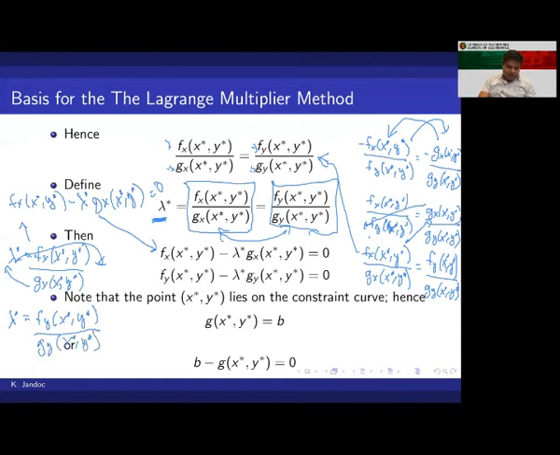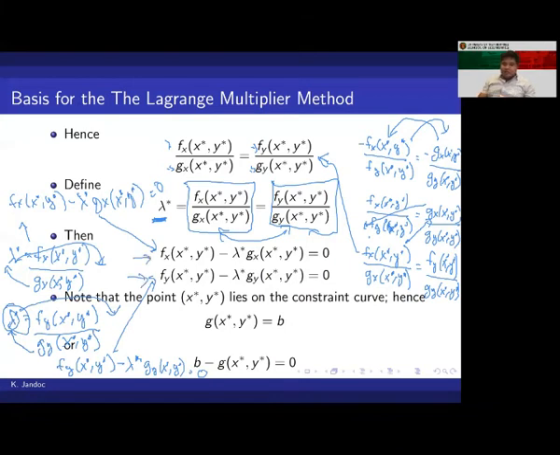If you move g_y here and multiply it with lambda, and then move all that expression to here, you have f_y(x*, y*) minus lambda star g_y(x*, y*) equals 0, which is this expression over here. Great. So that's how you get this and this.